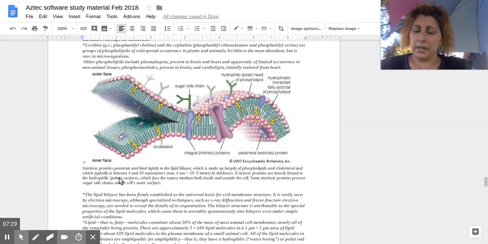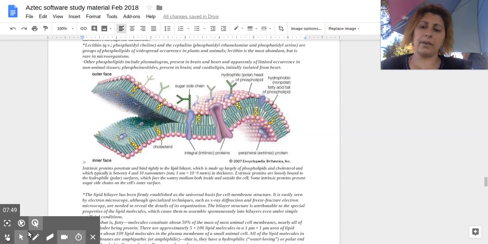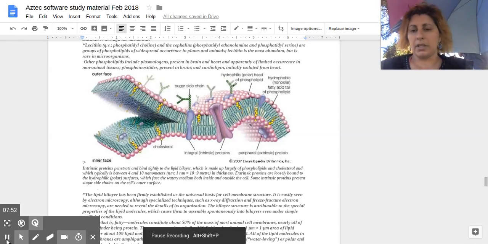The layer is between 4 and 10 nanometers in thickness. Extrinsic proteins are loosely bound to the hydrophilic or polar surfaces, facing the watery medium inside and outside the cell. Some intrinsic proteins present the sugar or carbohydrate side chains on the cell's outer surface for recognition or receptor functions.